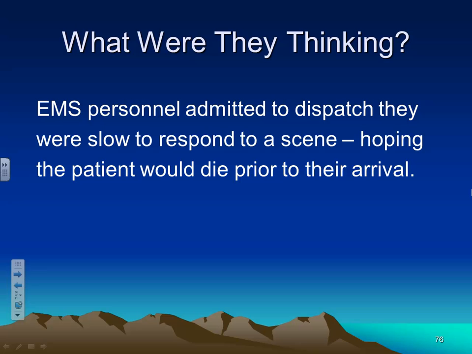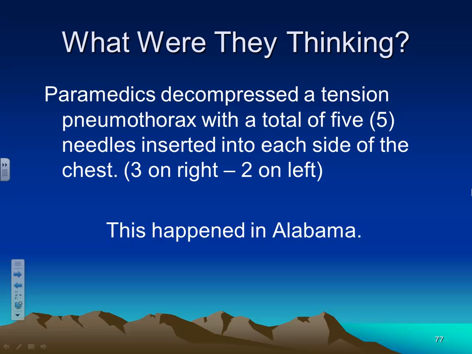EMS personnel admitted to dispatch they were slow to respond to the scene, hoping the patient would die before their arrival. That's on tape. Don't say that on the radio. This happened in Alabama. A patient was decompressed for tension pneumothorax with a total of 5 needles. Three on the right, 2 on the left.